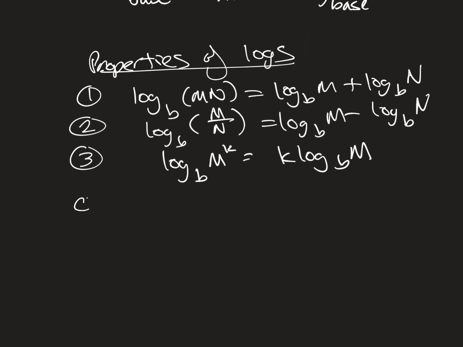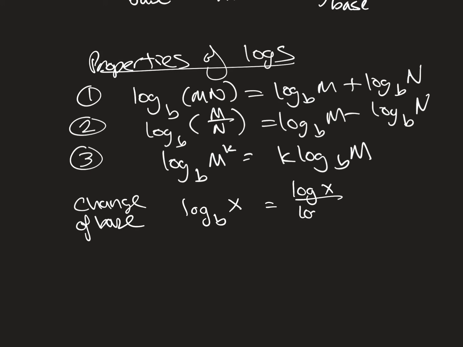And let's also right now talk about the change of base. It's a very useful tool to be able to rewrite a log in terms of any base you want. So say you had log base b of x. Well, I can rewrite that. Say I wanted to rewrite that in terms of a common log or base 10. That would be log x over log b.